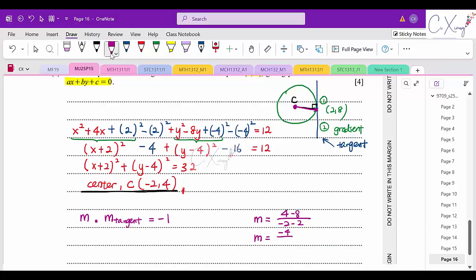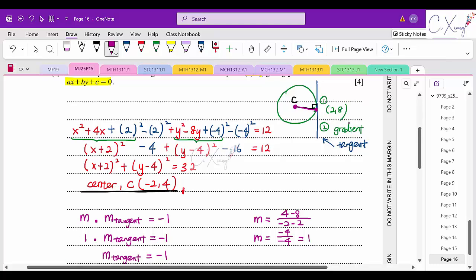So m is 1, multiplied by the gradient of the tangent, equals negative 1. Therefore, the gradient of the tangent is negative 1. Let's look at our diagram again. To find the equation of the tangent, I need a passing point, which I have, and now I also have the gradient of the tangent. From here, I can start forming the equation of the tangent using this information.